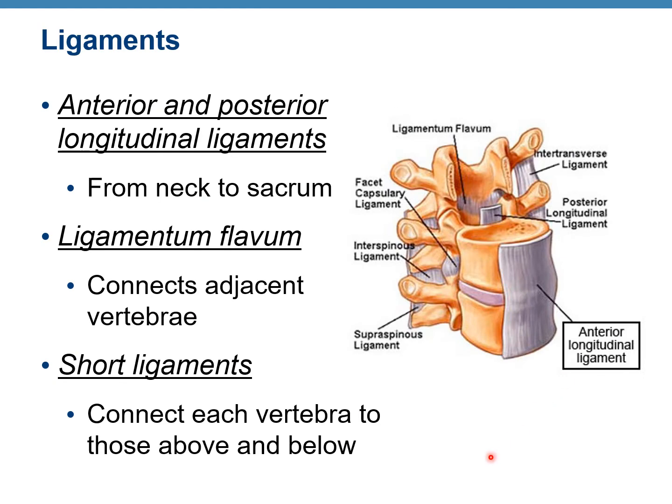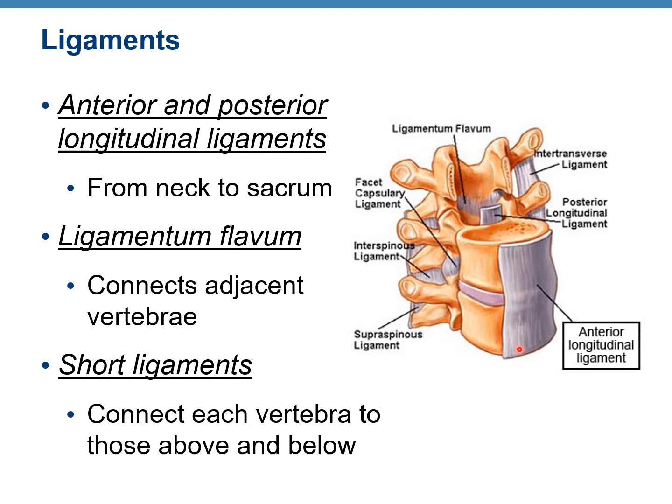And we're also going to very briefly discuss ligaments of the vertebral column. So we have the anterior longitudinal ligament, right? If you look at this diagram here, that's the anterior part of the vertebral column.